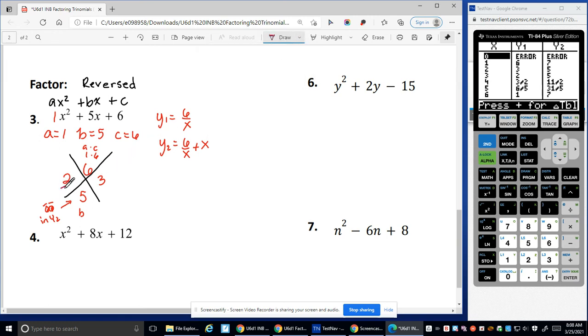Makes it super easy. 2 divided by 1 is just 2. And 3 divided by 1 is just 3, right? And all I have to do, my variable is x, and this 2 is positive, and this 3 is positive. Ladies and gentlemen, this is our answer.